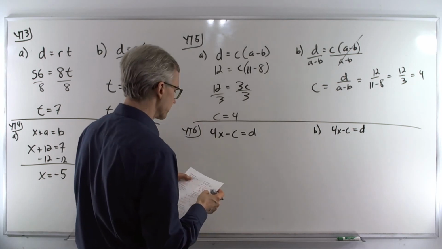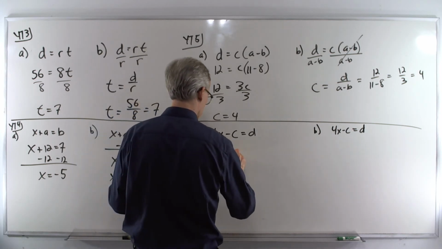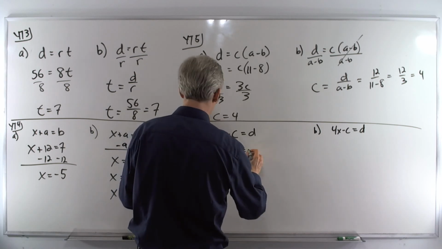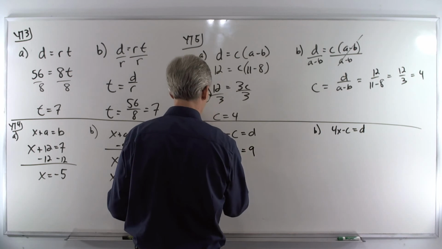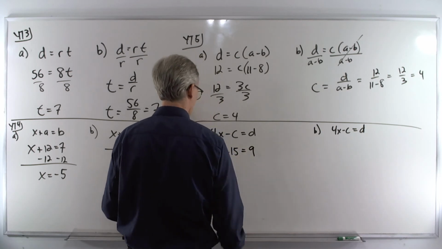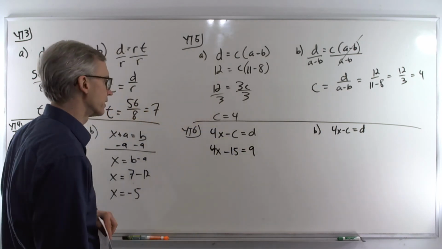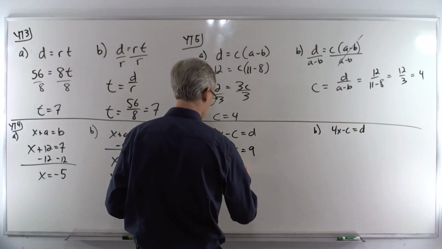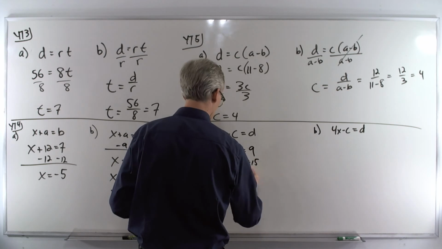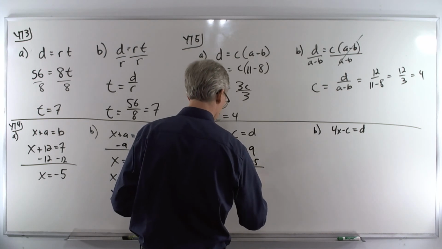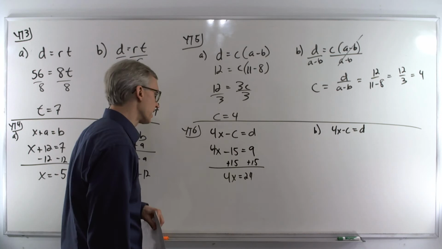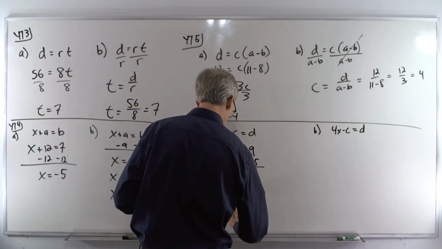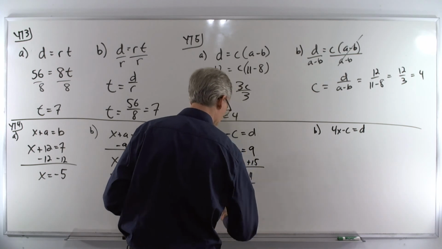We've got c is 15, and d is 9. So 4x minus 15 equals 9. Add 15 to both sides, so we get 24 on the right, divided by 4, and x equals 6.